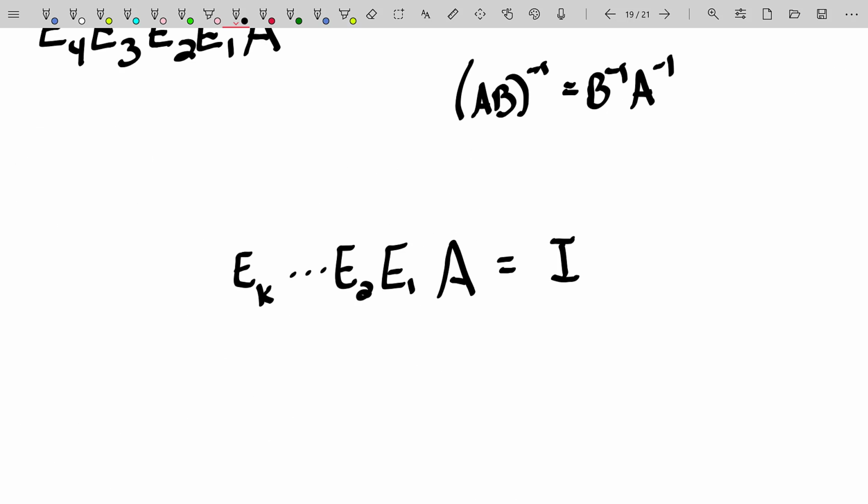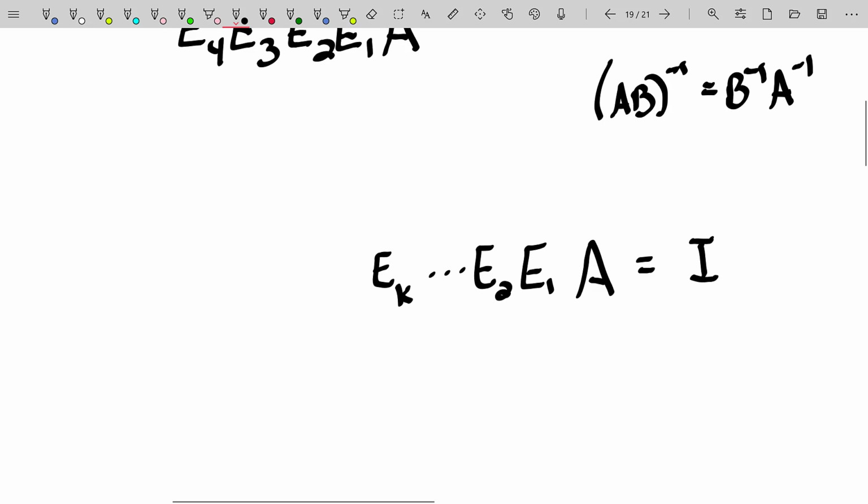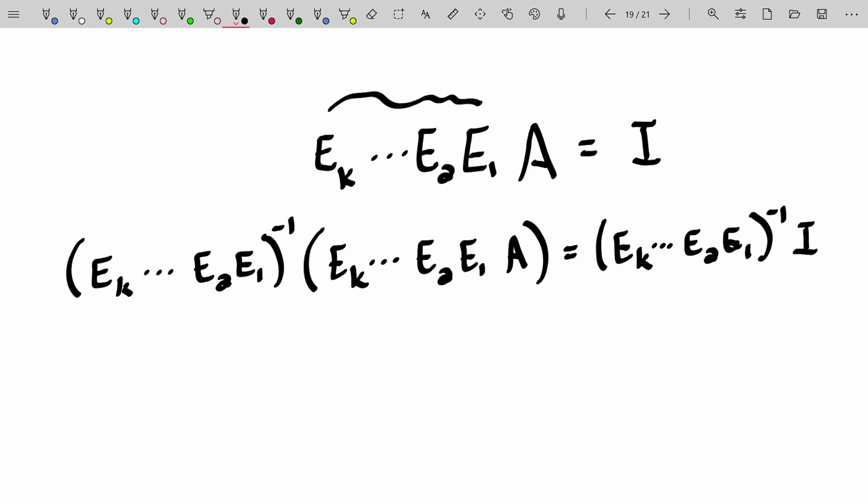So if I multiply both sides by the inverse of this product right here, well, we know if, and this is a big old fat if, but if this product is well defined, then we can first of all regroup. And I'm not going to redraw this to regroup. I'm just saying group to where you have this inverse right here times this chunk of product right there. That inverse is actually the inverse of Ek dot dot dot E2 E1. So that highlighted bit is going to be the identity matrix.